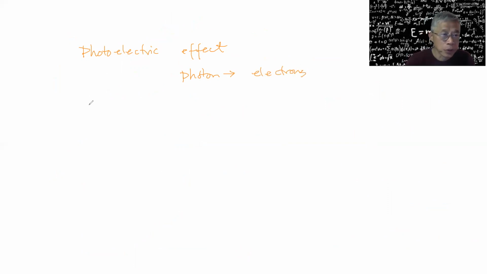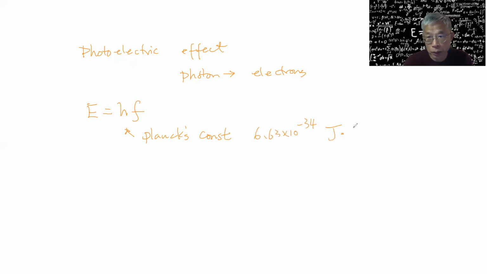The second thing we introduced is the energy formula for the photon, which is hf, and h is Planck's constant, so Max Planck, and that's 6.63 times 10 to the negative 34, which is quite remarkable. You can actually calculate the energy of a photon based on the frequency, right?